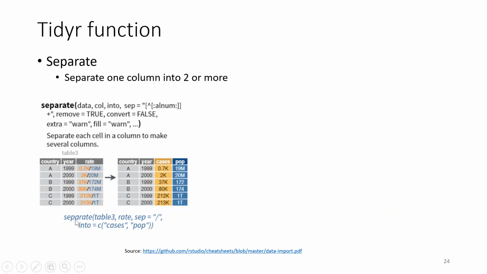The way the function works is you give it the data, then the column that needs to be separated, then what the separator is, which is a backslash here, and then into equals a vector of what you want to separate it into: cases, pop, as you can see here. So it splits this rate column into cases and pop, using the backslash as an indicator.